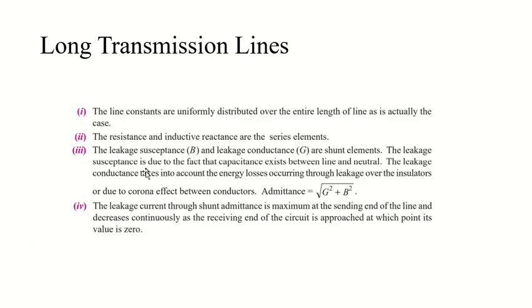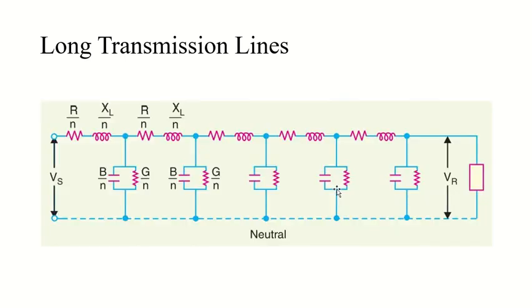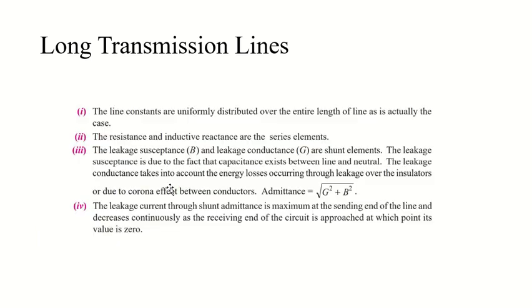And what will be the value of my admittance? The value of my admittance will be the square root of G squared plus B squared. Here you can see what G is and what B is. G is your leakage conductance and B is your leakage susceptance. And the fourth and last point is that the leakage current through the shunt admittance is always maximum at the sending end of the line, and gradually decreases continuously as the receiving end of the circuit is approached.